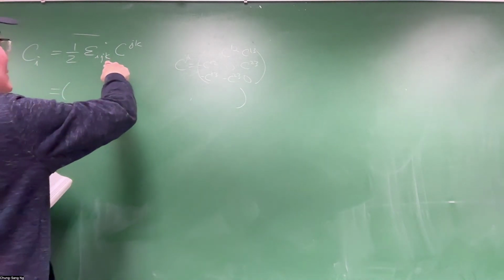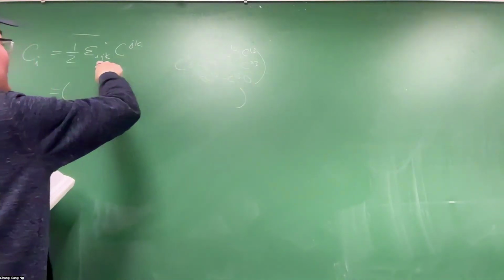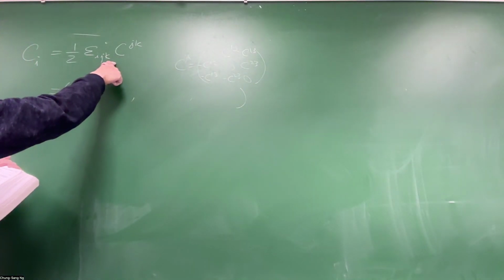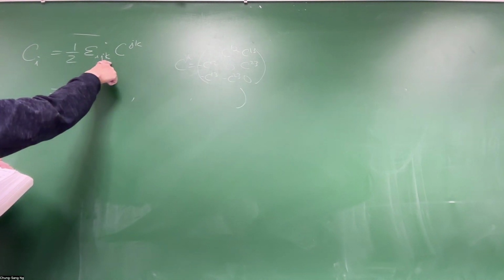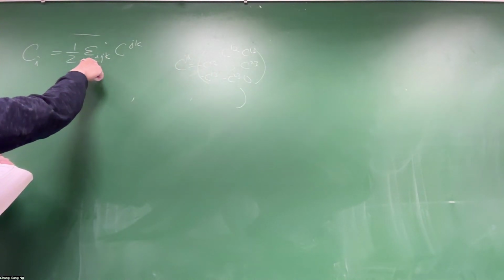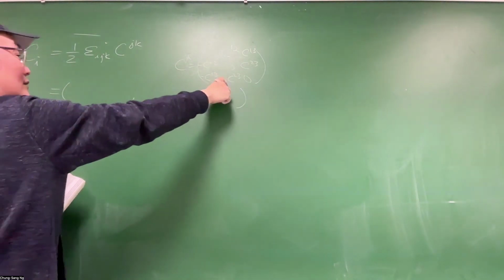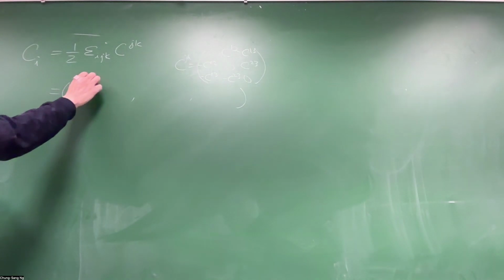You pick up the 2, 3 element, and epsilon 1, 2, 3 is positive. Or 1, 3, 2, you pick up the 3, 2 element, but epsilon 1, 3, 2 is negative 1, and you also have a negative sign. So you add these two and divide by 2. You can follow how you sum all of this.